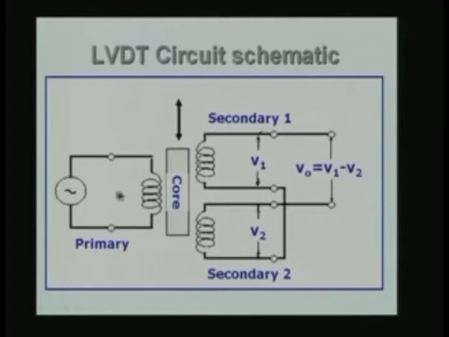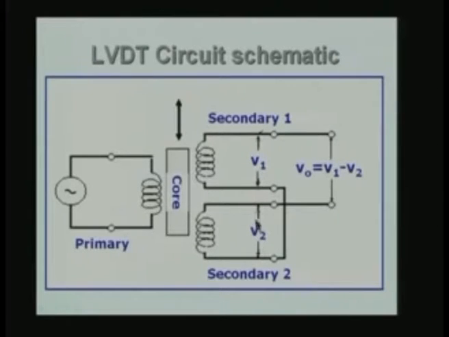This primary coil is energized using an AC, a high frequency AC, usually for several kilohertz. It gives rise to two voltages on the secondary coil, V1 for the coil up here and V2 for the coil down here.